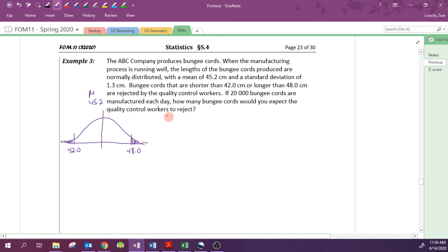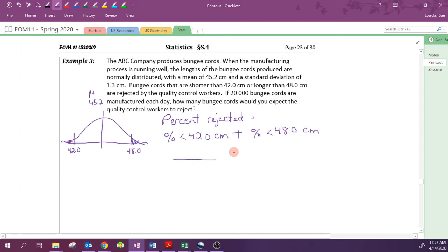Okay, so the percent rejected is going to equal the percent that's less than 42.0 centimeters plus, this time we're adding it because the two chunks are separated, plus the percent greater than 48.0 centimeters.